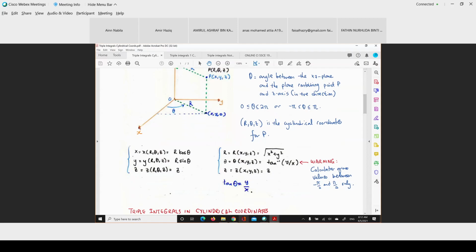Okay, let's see some examples of converting points in Cartesian to cylindrical coordinates.